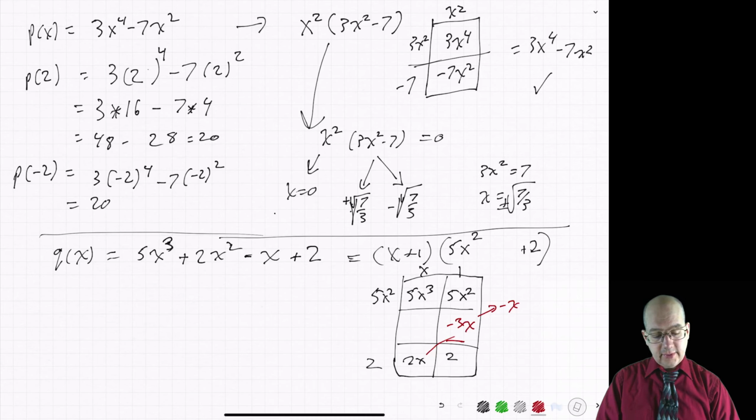And then the 5x squared here, we want the 2x squared. So when we add this, this is supposed to be 2x squared, so we need a minus 3x squared. And so that sounds like we need this to be minus 3x.